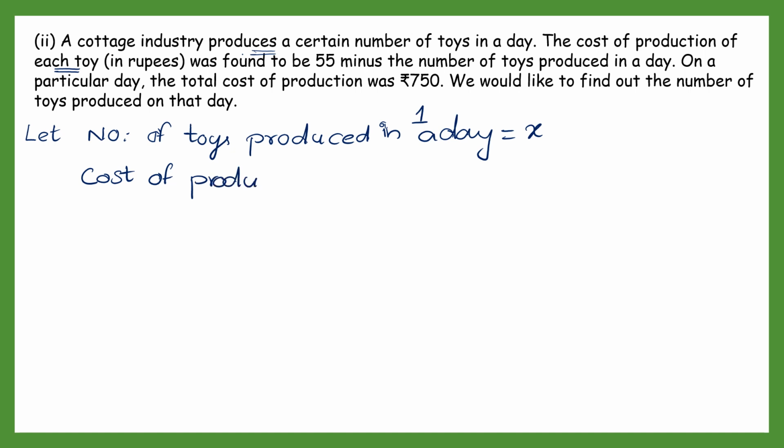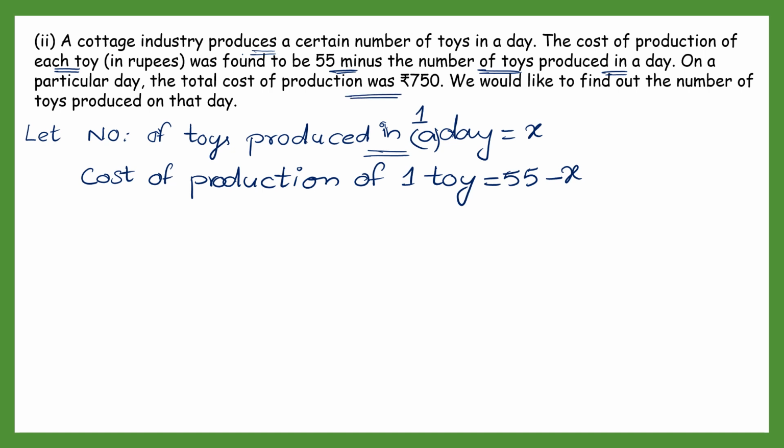Each toy means cost of production of one toy is what? 55 minus number of toys produced in a day. We already assumed that number of toys produced in one day is x. So 55 minus x. On a particular day, total cost of production is 750. On particular day.